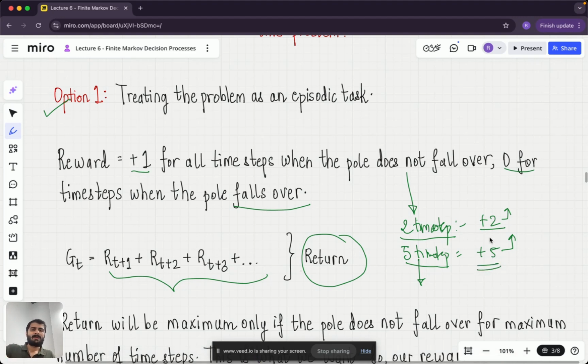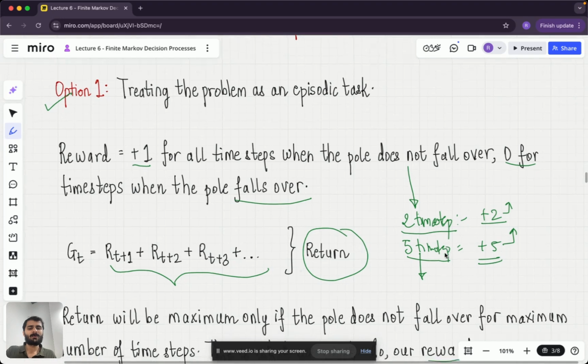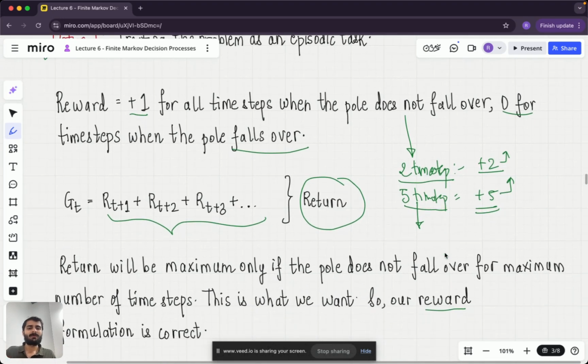So, to maximize my reward, my agent will try to maximize the time step until which the pole falls over, which is exactly what we want. This means that our reward formulation is correct, because my agent will try to keep the pole upright for the maximum amount of time.